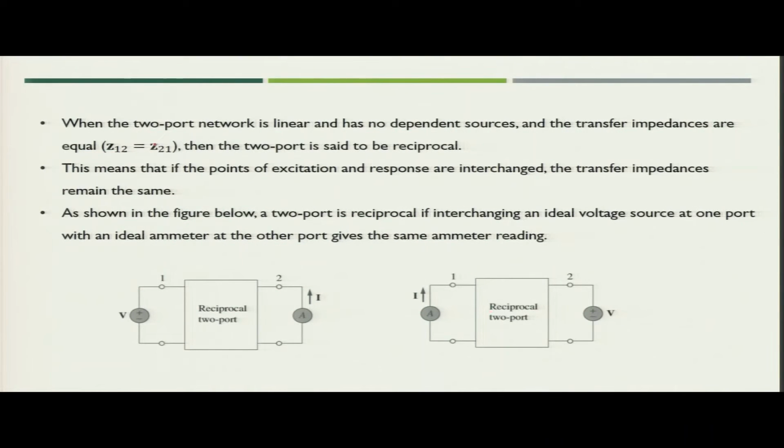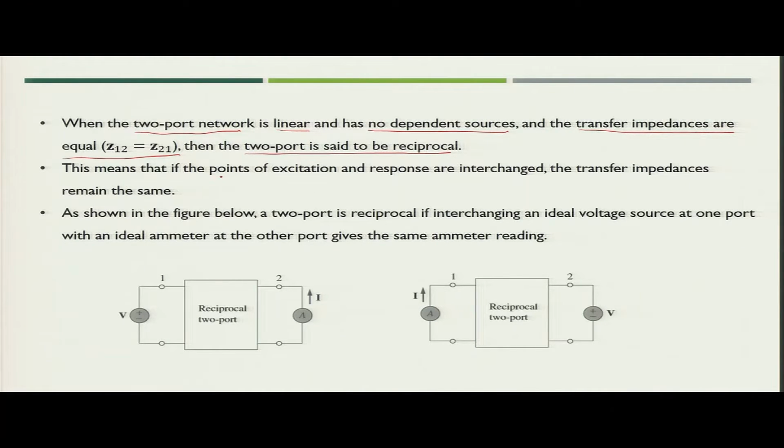Now, another criterion which we have to keep in mind is that the two port network is linear and has no dependent source. If this is the condition and the transfer impedances are equal, that is Z12 is equal to Z21, we can say that the two port is reciprocal. What does it mean?